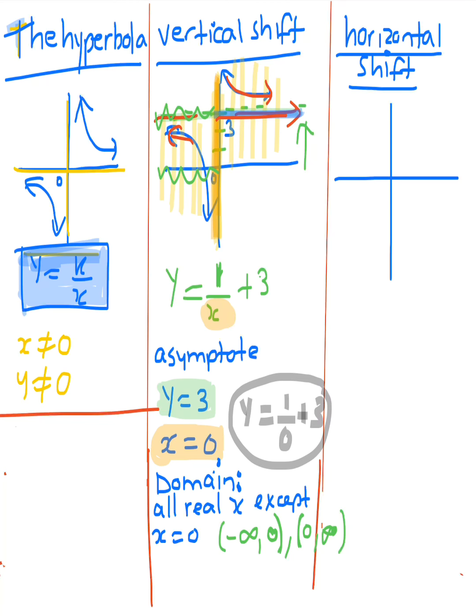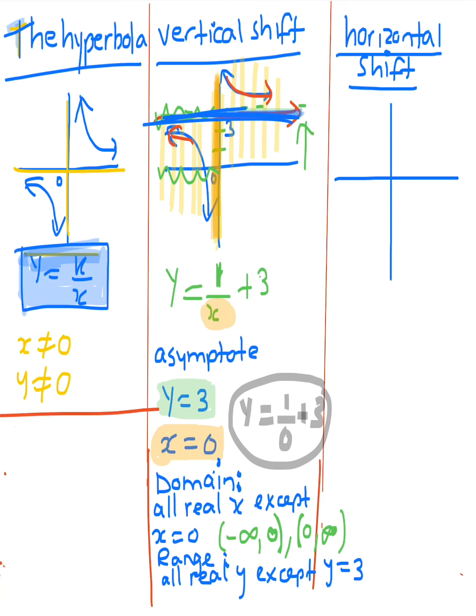Okay, now if you then look at the range, the range is going to be all real y, except, now instead of just being y equals 0, if you actually look at the curve, it's except y equals 3.